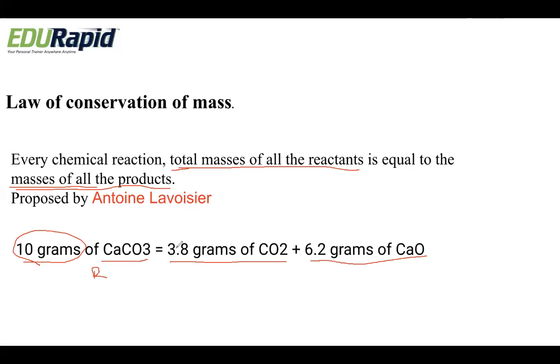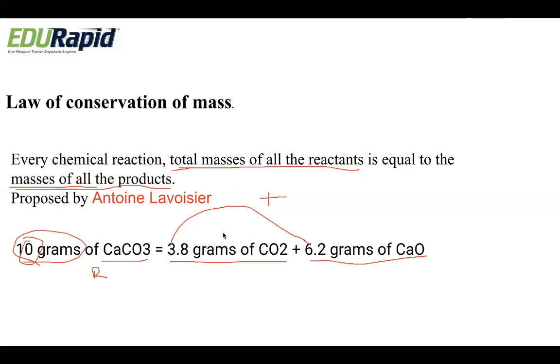These two are the products. According to the law of conservation of mass, when we sum 3.8 plus 6.2, we should get 10. Exactly, when we add 3.8 and 6.2, we get 10 grams.